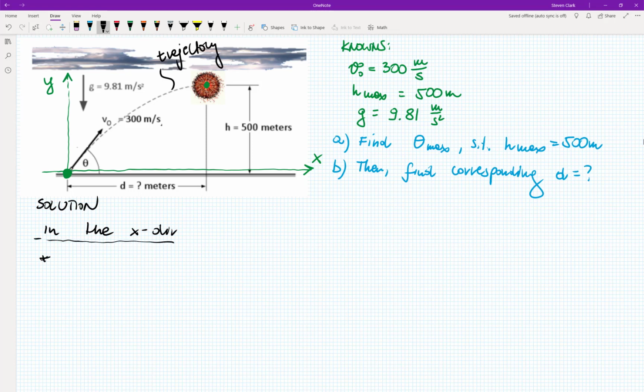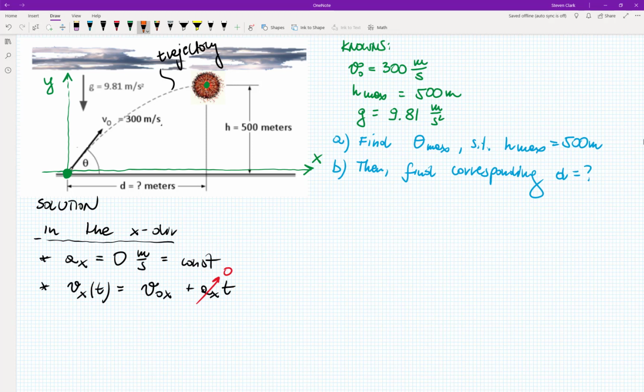But again, ax is 0, and it's constant. So our Vx will look like that. This is 0.